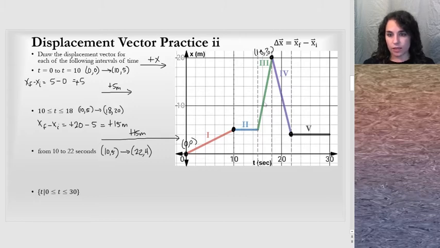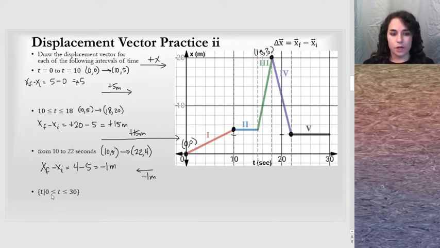In between 10 and 22 seconds, it moved out to 20 and then down to 4. But between 10 and 22, x final minus x initial equals 4 minus 5, which is -1 meter. So the displacement vector in that case is -1 meter. It went backwards 1 meter. We don't care that there was other stuff going on.